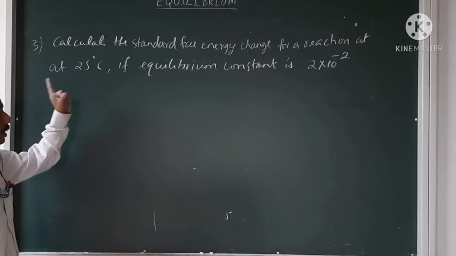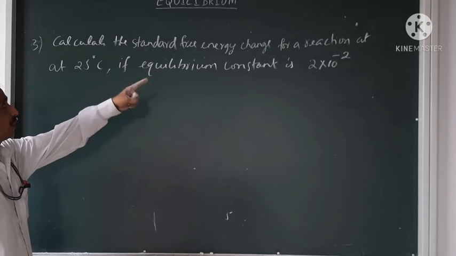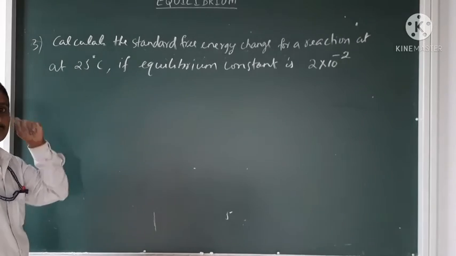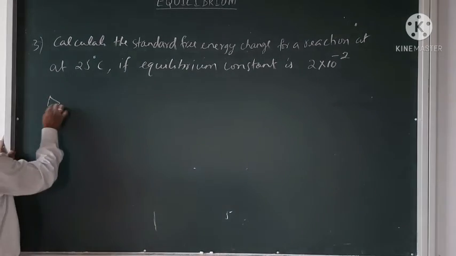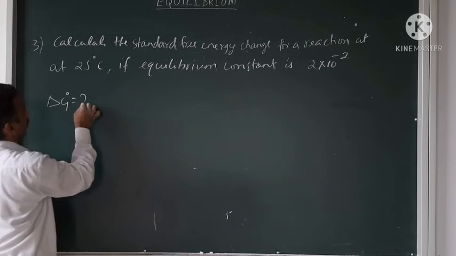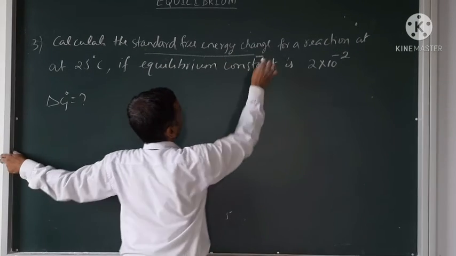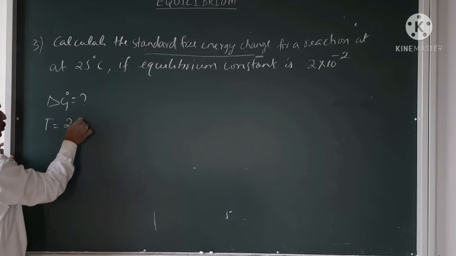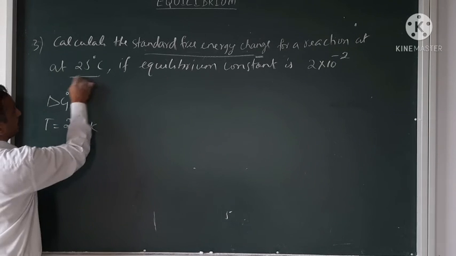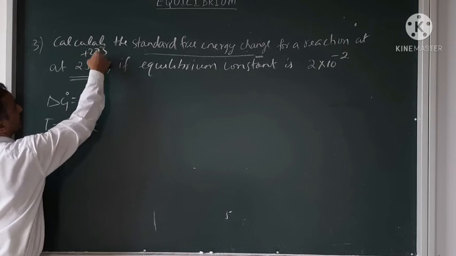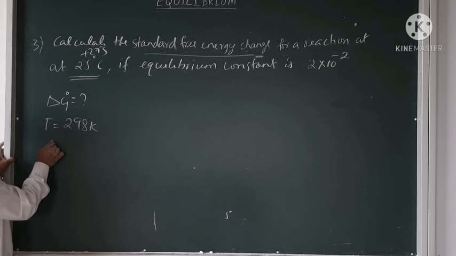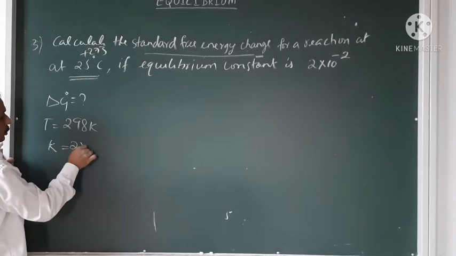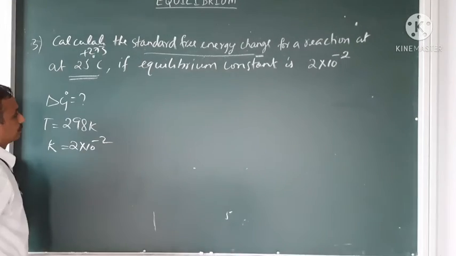Next problem. Calculate the standard free energy change for a reaction at 25 degrees Celsius if the equilibrium constant is 2 into 10 to the minus 2. So delta G naught you have to calculate. Temperature is 298 Kelvin, add 273 for this. K value is 2 into 10 over minus 2.